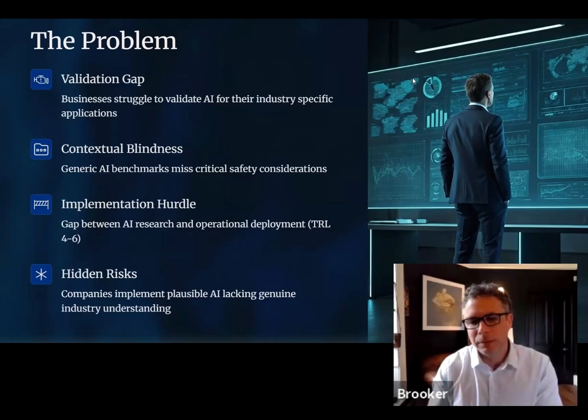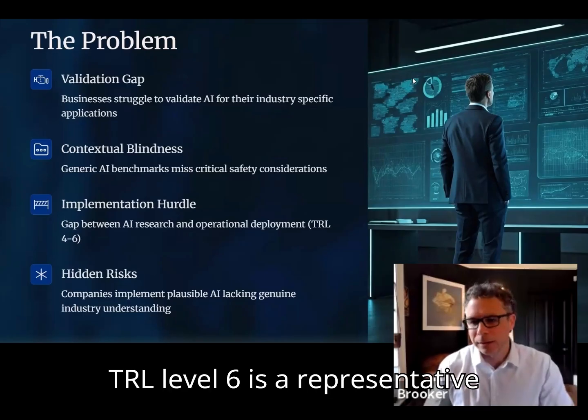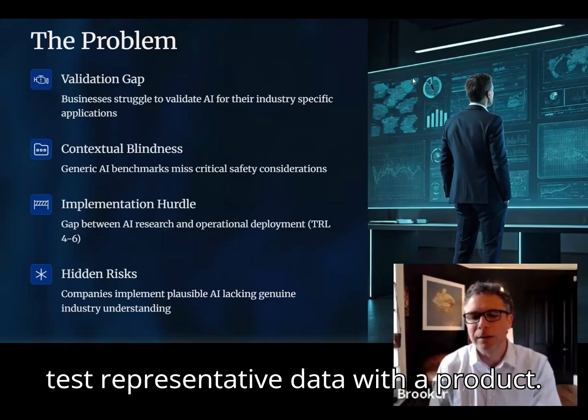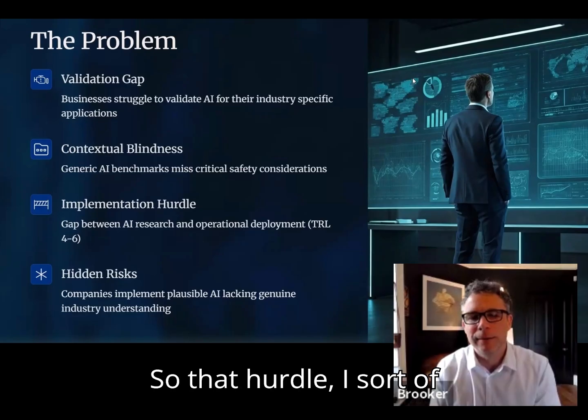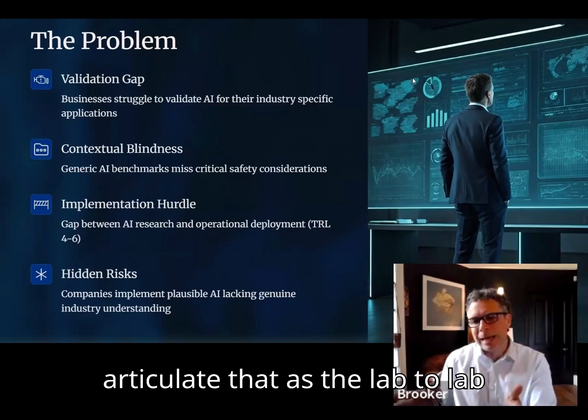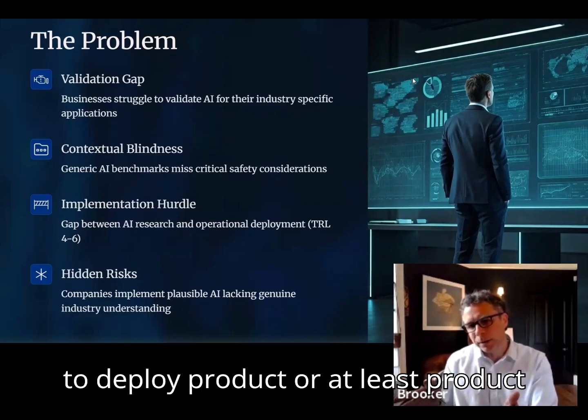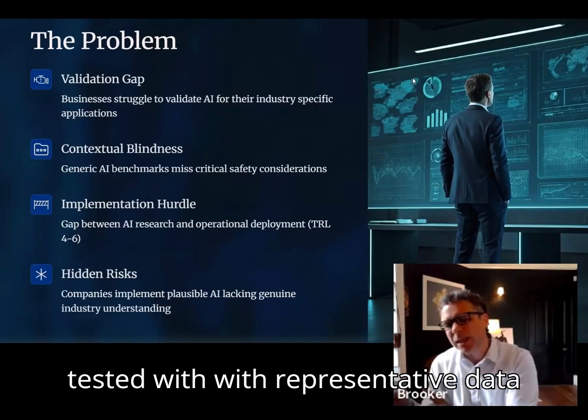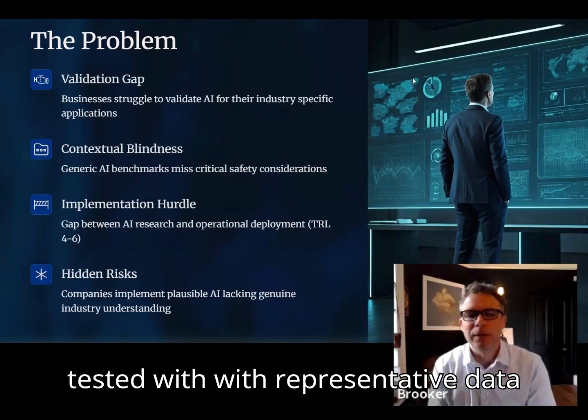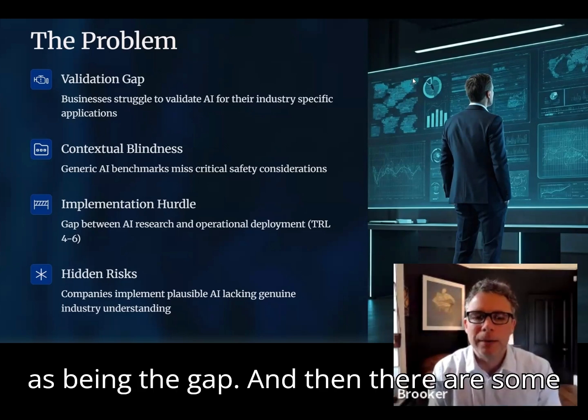So TRL level 6 is a representative test, representative data with a product. So that hurdle, I articulate that as the lab to deployed product, or at least product tested with representative data, as being the gap.